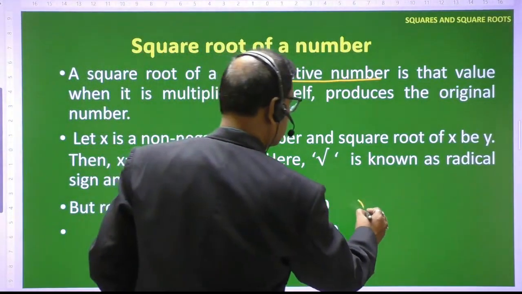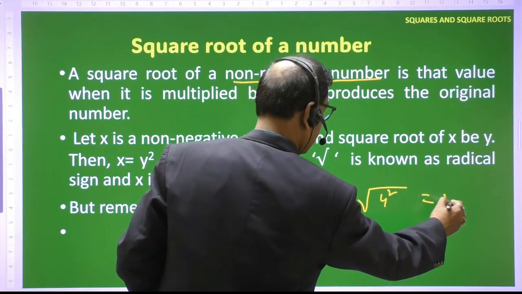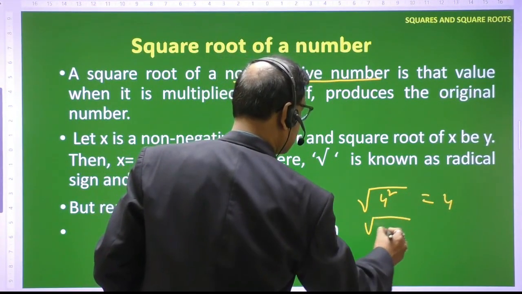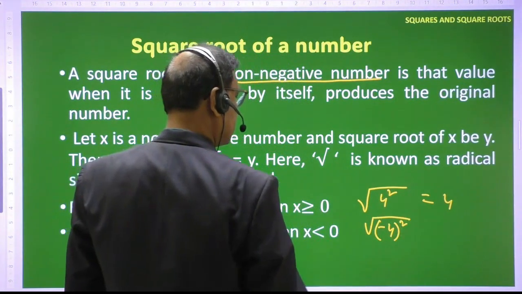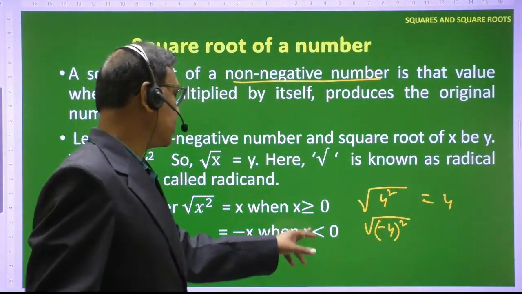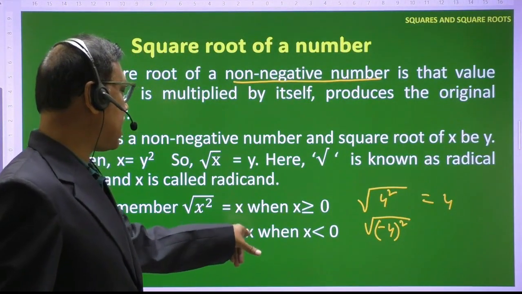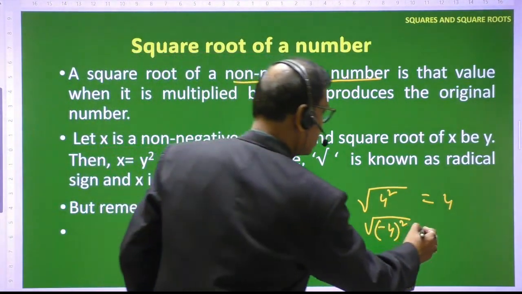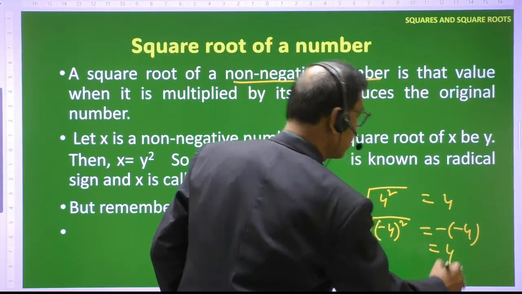Say the square root of 4 square, so 4. But if I ask what is the square root of minus 4 square, since here x is minus 4, that is negative, so the result should be minus x. So minus of minus 4, that is plus 4.